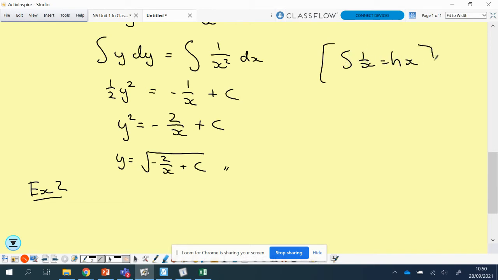The reason is that I can't integrate 1 over x by adding 1 to the power and dividing by the new power. That's from Higher, so that doesn't change. It's only if it's 1 over x, only if it's a power of 1 on the bottom. Therefore you need to use your logs to get that.